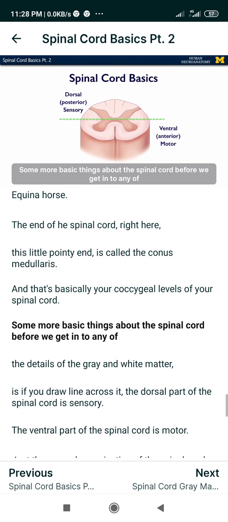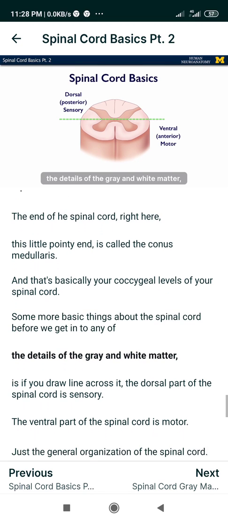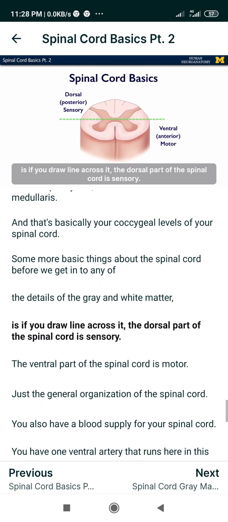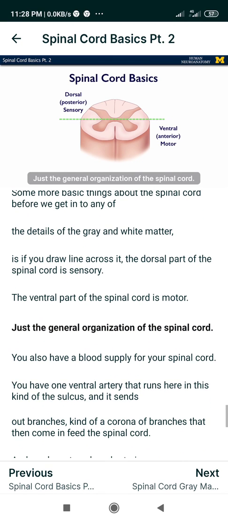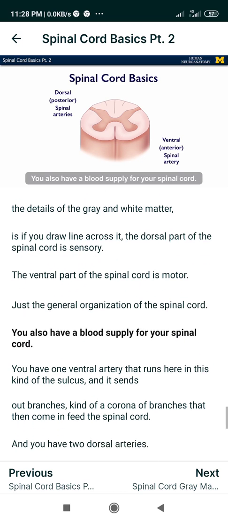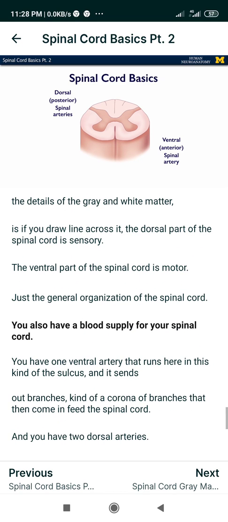Some more basic things about the spinal cord before we get into any of the details of the gray and white matter: if you draw a line across it, the dorsal part of the spinal cord is sensory. The ventral part of the spinal cord is motor, just general organization of the spinal cord. You also have a blood supply for your spinal cord.